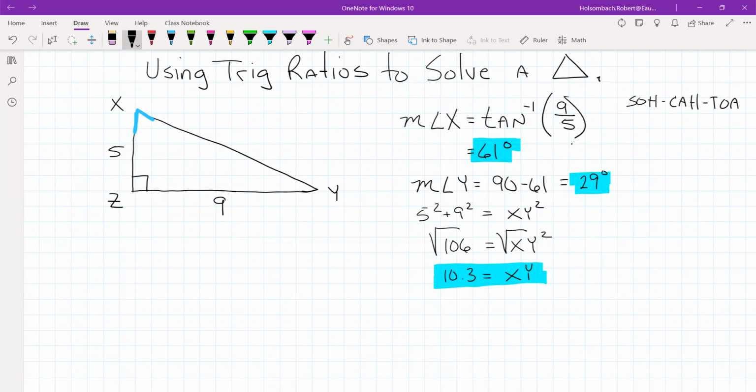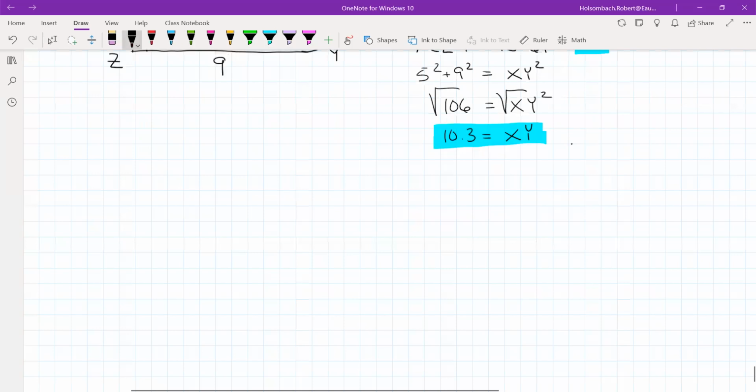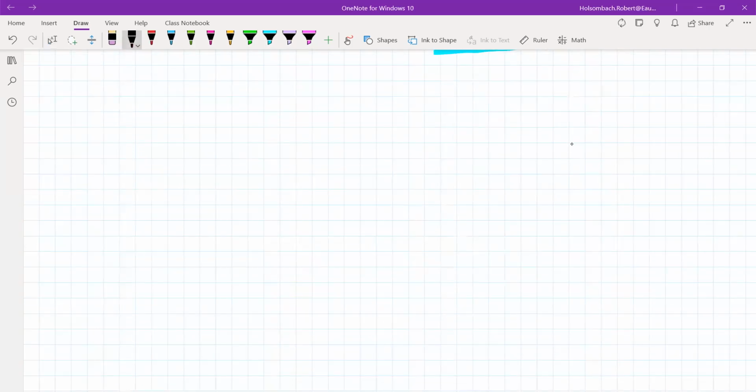Now, let's look down to example 5B on page 572. Triangle ABC. We got a 62-degree angle, and we've got side AC, which is the hypotenuse, that's 10.